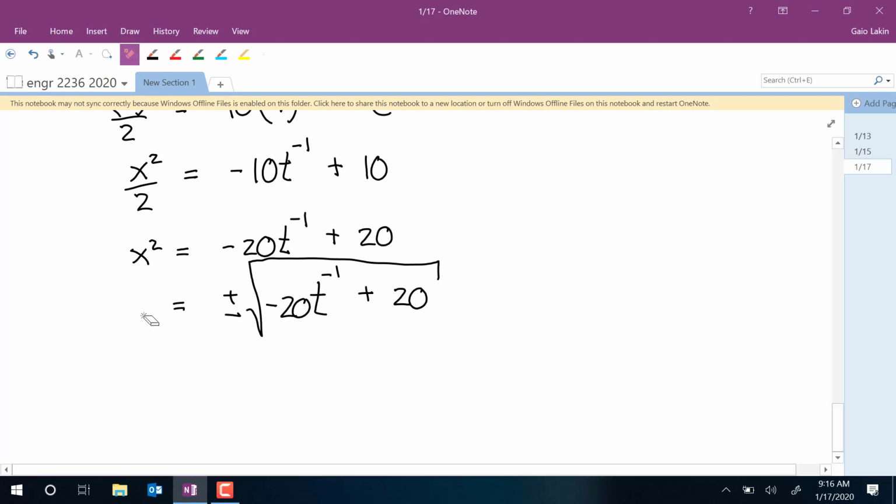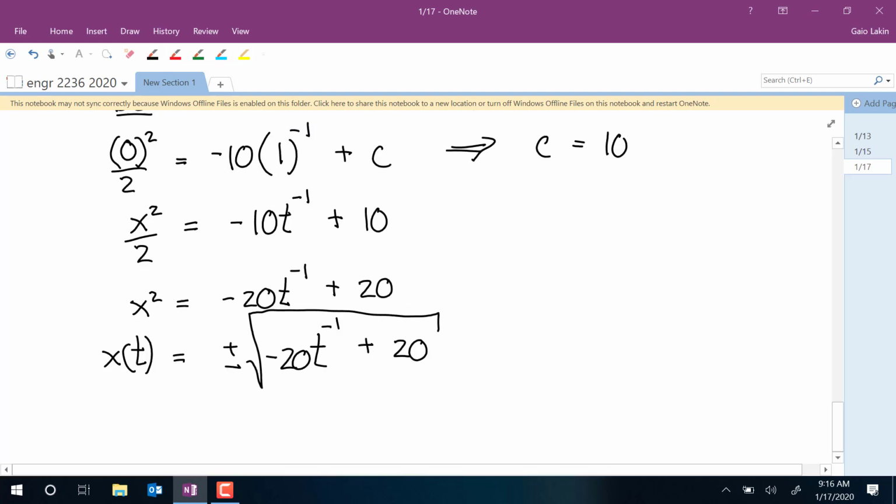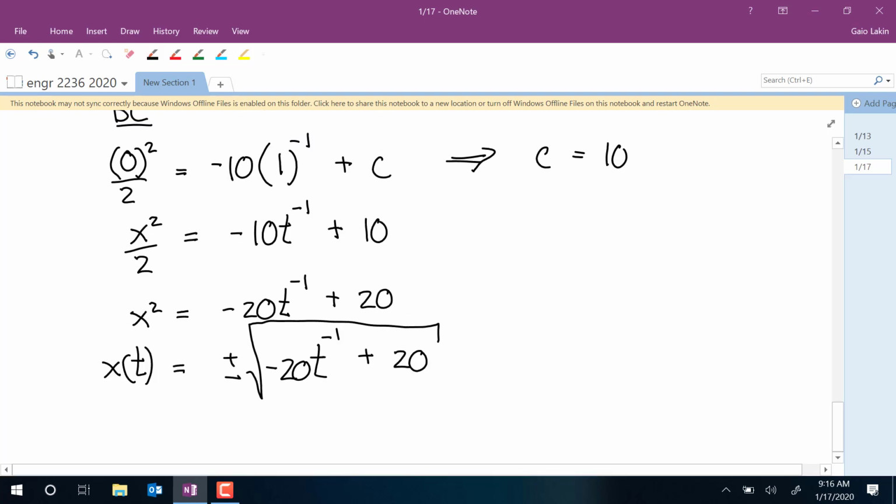We figured out x is a function of time. T could never be negative, but if you get close enough to 0, the thing in the square root gets negative. Well, in dynamics, if you ever get an x or a y position that's imaginary, you got problems.